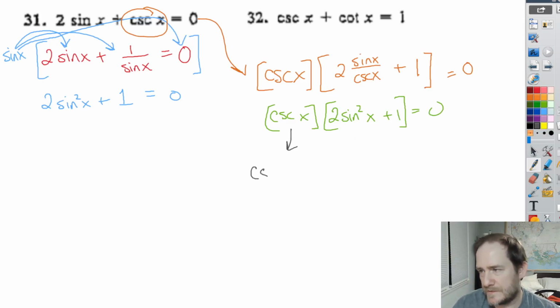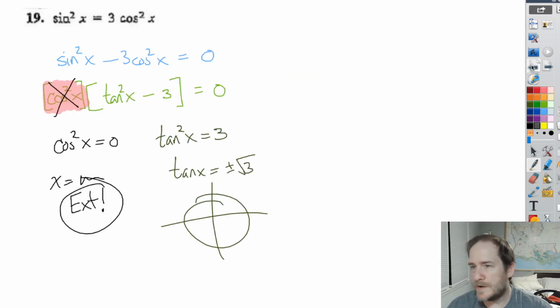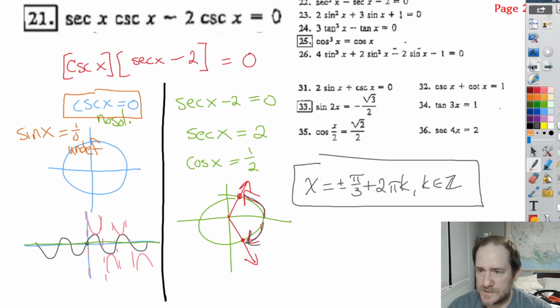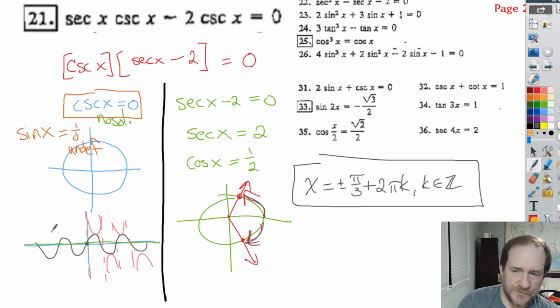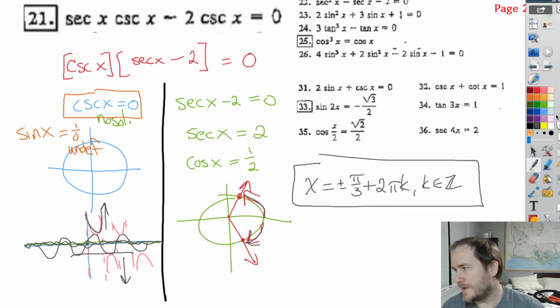This factor, cosecant x equals 0, we saw that only moments ago, and I drew you a little picture. This picture right here, a picture that proves to you that cosecant never equals 0 anyway, right? Cosecant doesn't equal 0. Cosecant lives from 1 up and from -1 down, and 0 is quite obviously in between all those things.